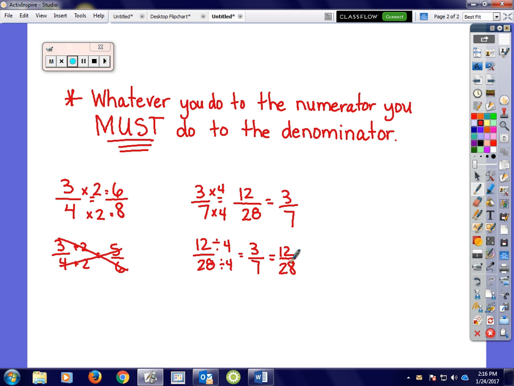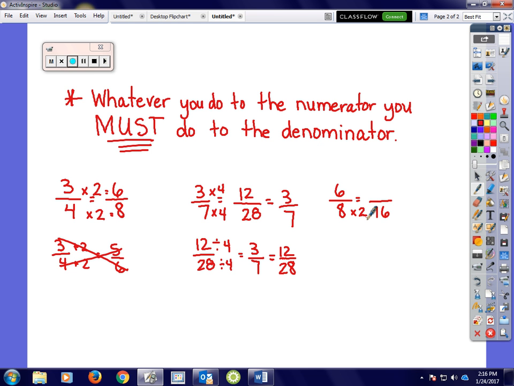Now there's going to be times where you might have a number like 6/8 equals blank/16ths, and you have to find the top number. Well, the first thing you need to do is find out what did they do to the denominator to get from 8 to 16. Another reason why it's good to know your multiplication and division facts. Well, I know they multiplied it by 2.